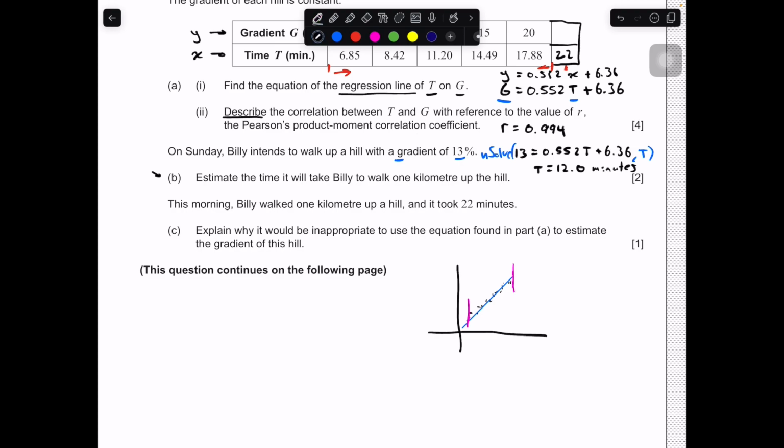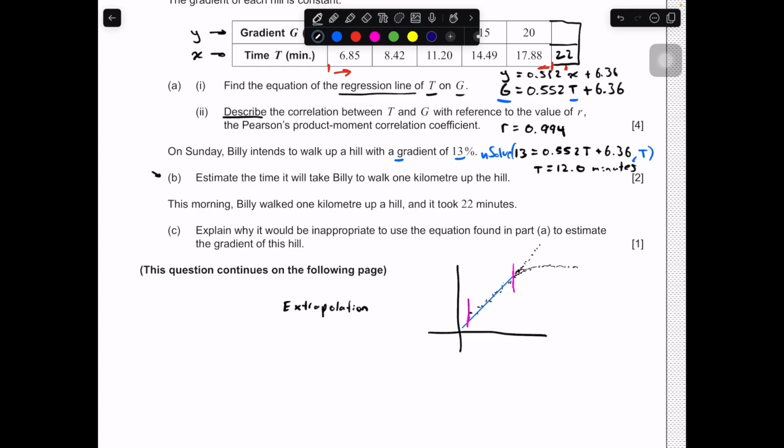But if we're asking for points beyond this, then it gets a little risky, because there's nothing to say that it's going to be linear, or that it might not be an asymptote and just level off right here. There's nothing to say that this is going to continue on. So what we have here is extrapolation. It might not be appropriate because we're outside of the range of values that we have collected for.